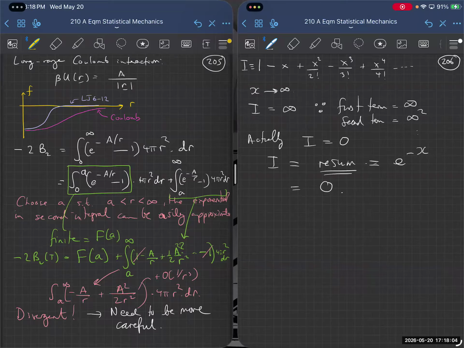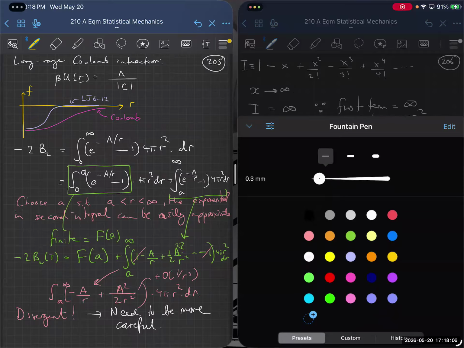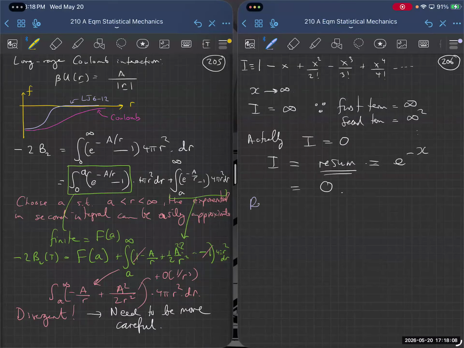Okay, so basically the result is essentially correct. I'll just say directionally correct.